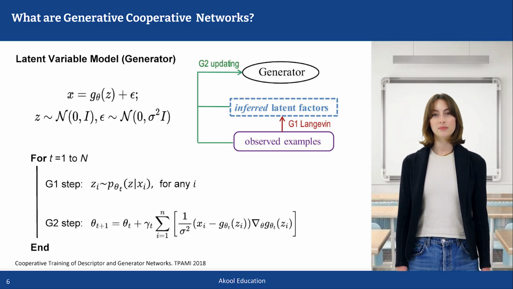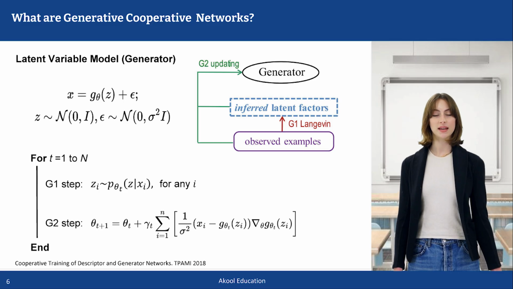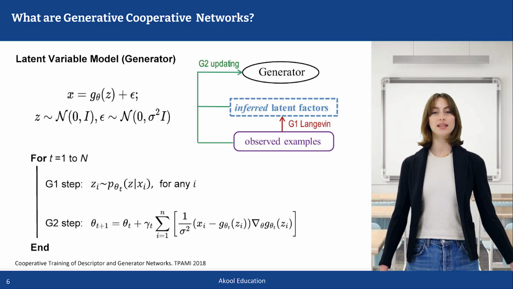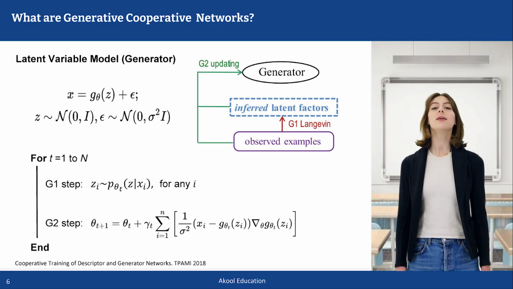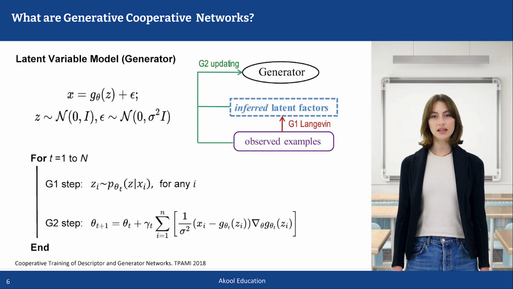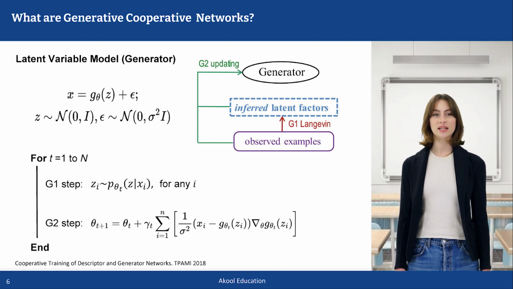Learning latent variable models via maximum likelihood involves alternating between an inference step and a learning step. In the inference step, given an observed data example, the model infers its latent variables by sampling from the posterior distribution using Langevin dynamics. In the learning step, the parameters are updated via gradient ascent, where the gradient is estimated using the inferred latent variables obtained during the inference step.